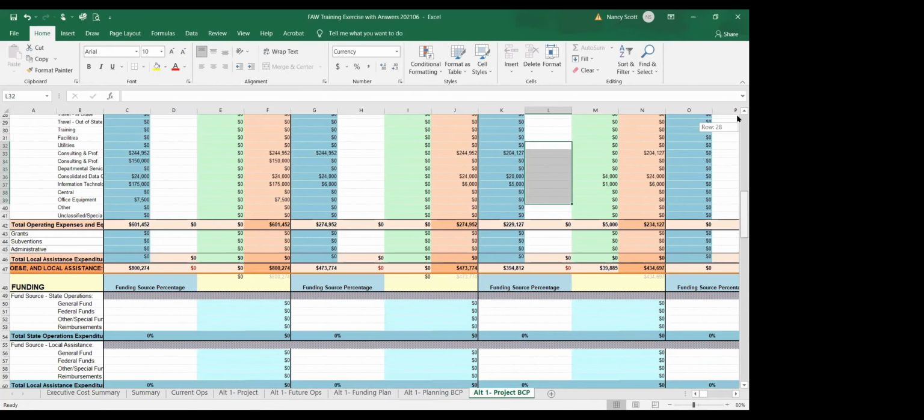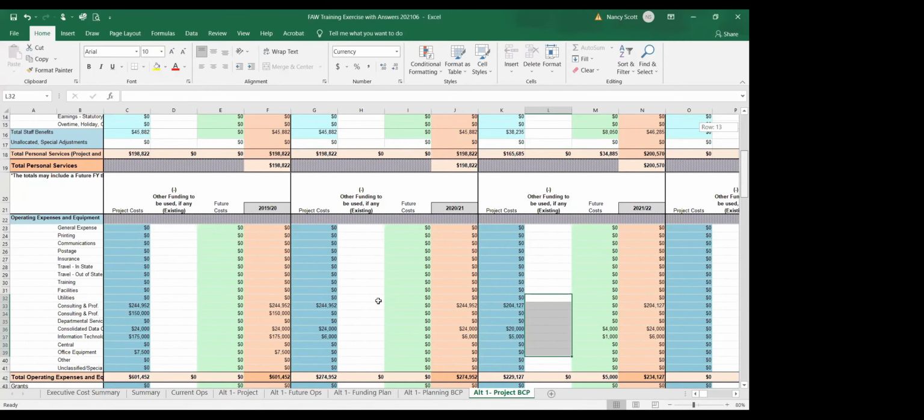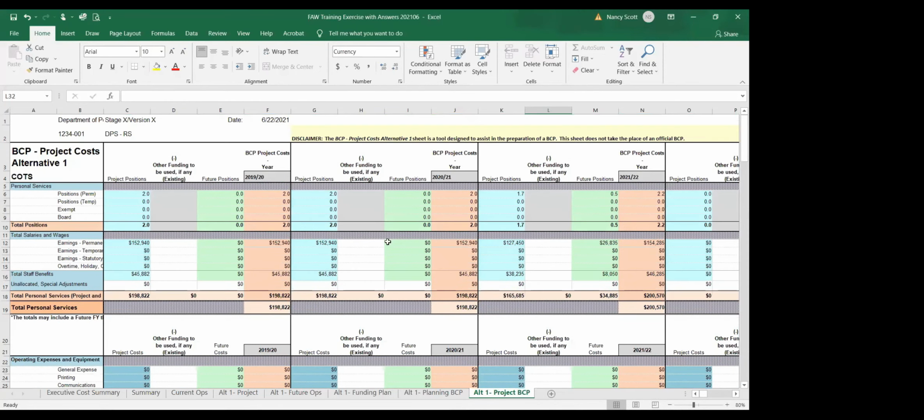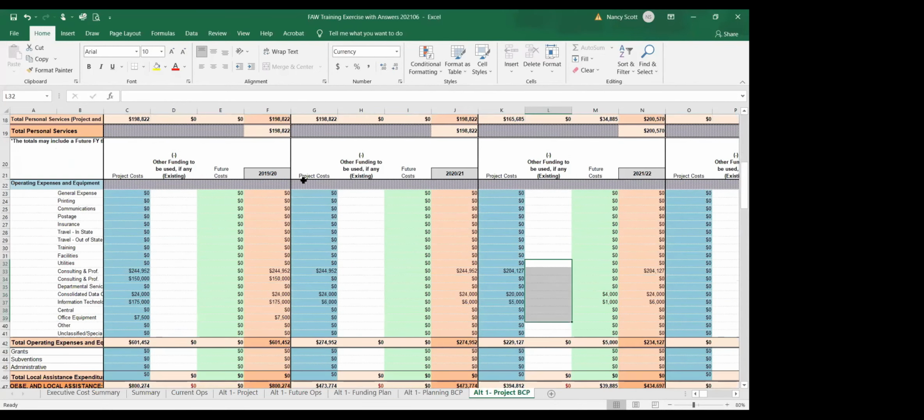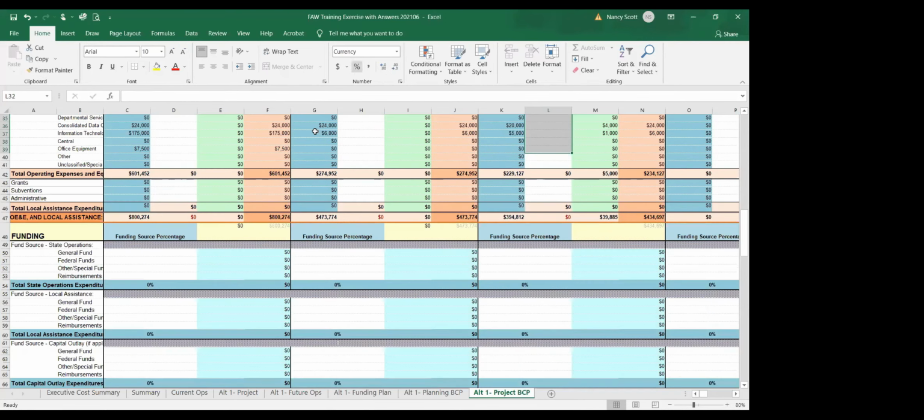So once you go and you look at those categories, you would be able to say that, yeah, that matches what their project costs are. Of course, you could go right to the sheet and it would match too, but this provides us more of a summary listing of all the costs that they've indicated in their project or future ops tabs.